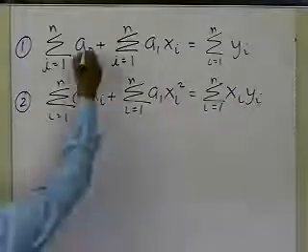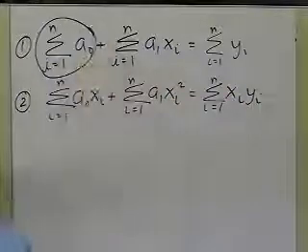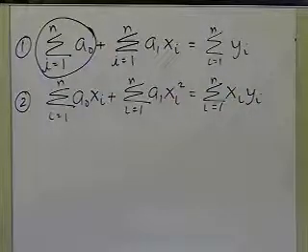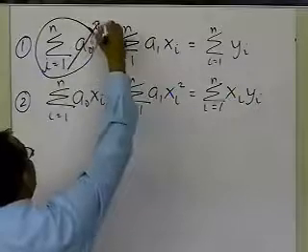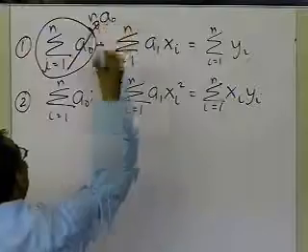So I can take those out, and you can realize, what is this? This is adding a0 n times, because you're doing a0 plus a0 plus a0 plus a0. So you're going to get simply n times a0.